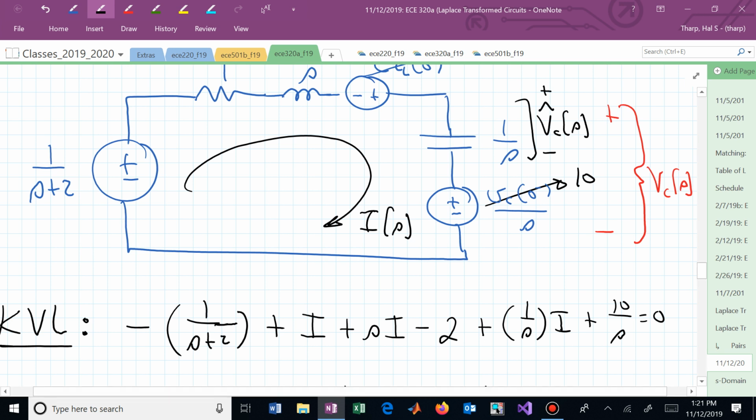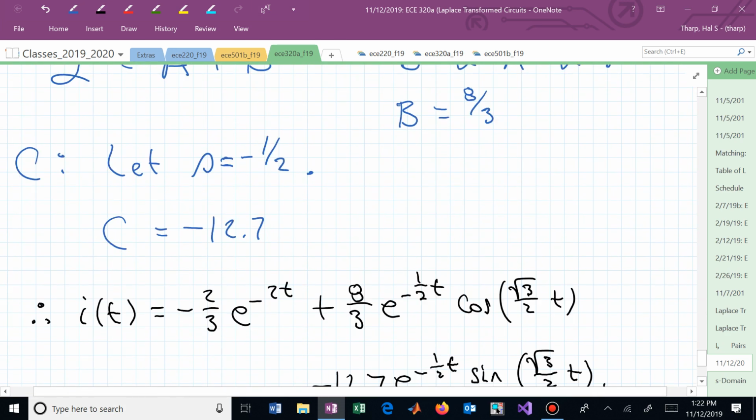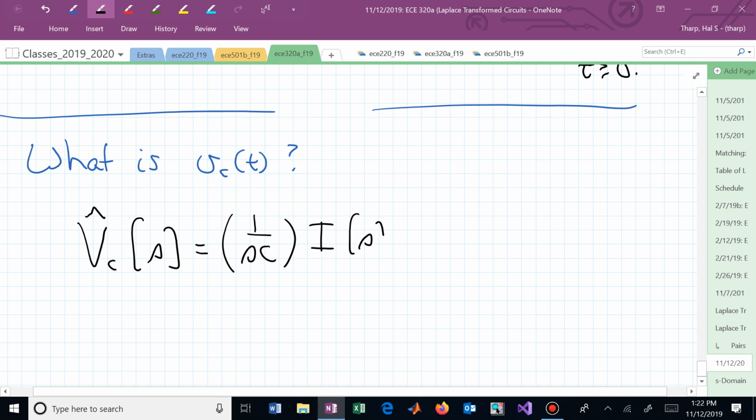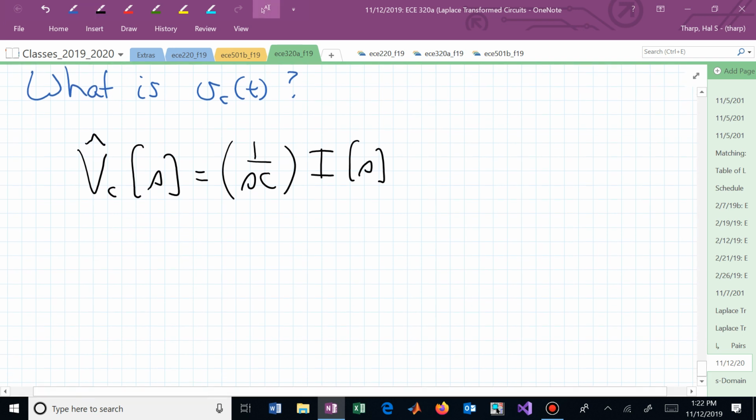What's V sub c hat? That's 1 over SC times I of S, and we already found I of S. And I of S was whatever it was up above.